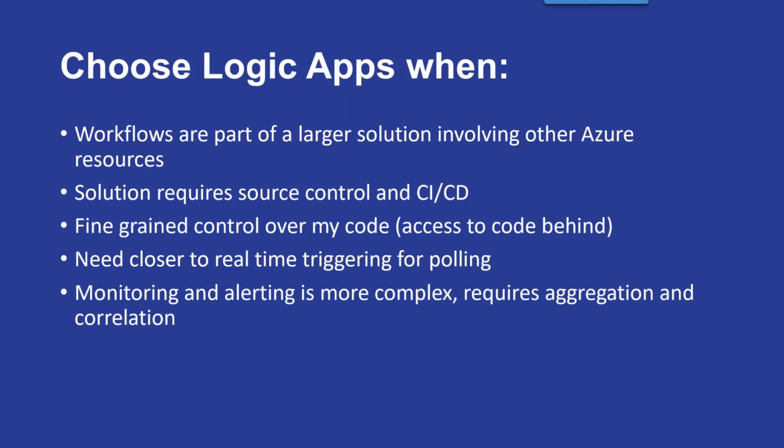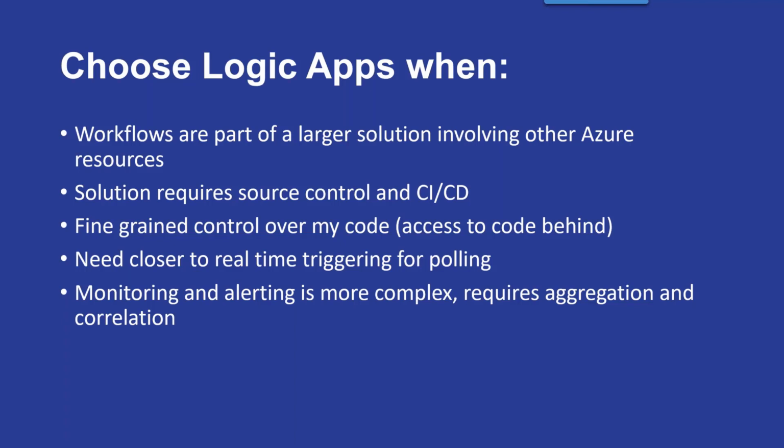If you have monitoring and alerting that is more complex, either because it's part of a larger solution, as I said in the beginning, or it requires aggregation and some kind of correlation, then you also need Logic Apps. One of the things that Logic Apps connected with Log Analytics can give you is the idea of publishing properties for the Logic Apps as custom properties into your monitoring.